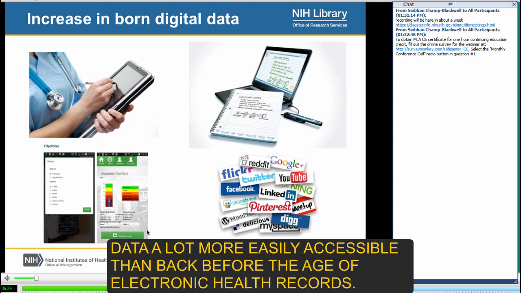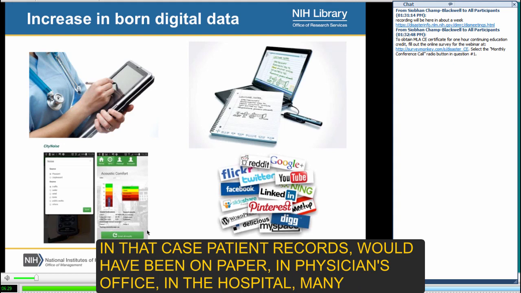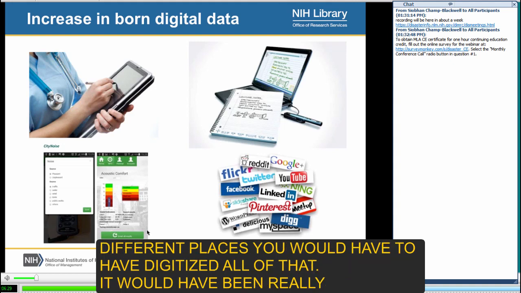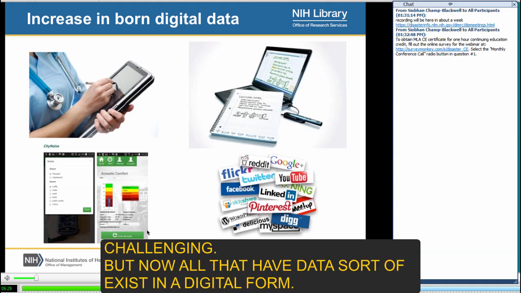But we do have that data a lot more easily accessible than back before the age of electronic health records. In that case, patient records would have been on paper in a physician's office, in a hospital, many different places. You would have to have digitized all of that. It would have been really challenging. But now, all of that data exists in a digital form.